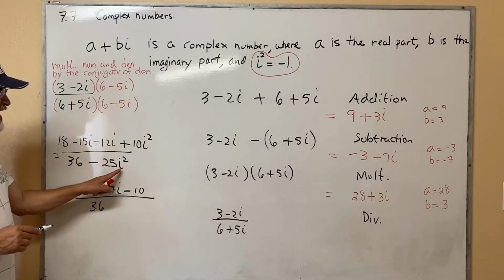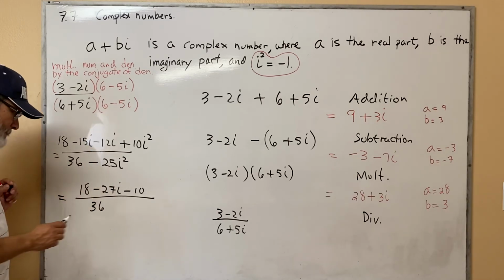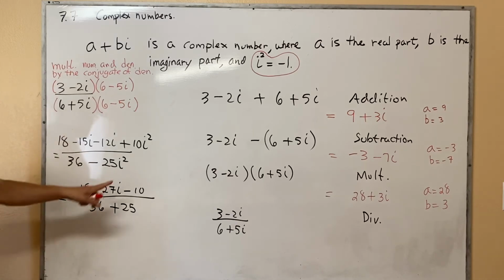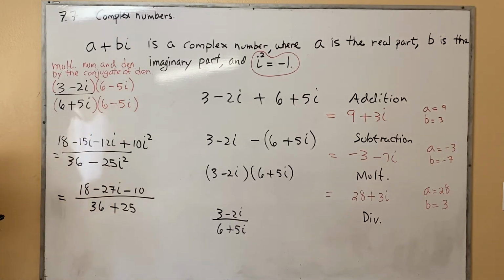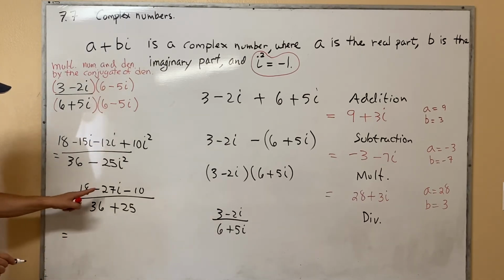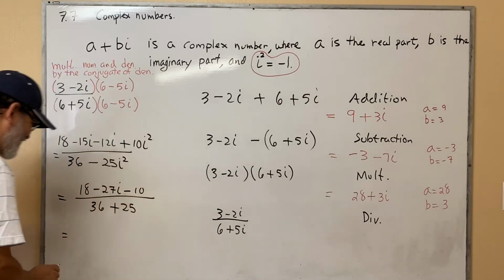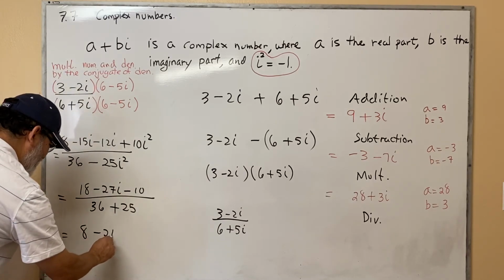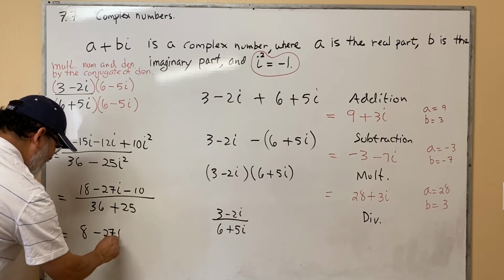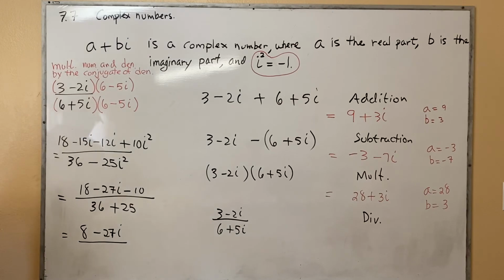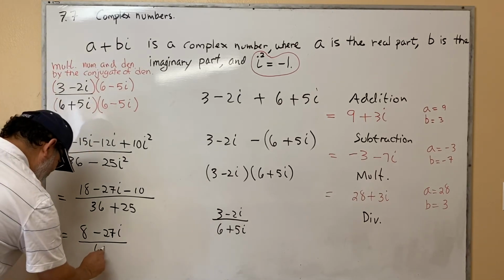And what's negative 1 times negative 25? Plus 25. Don't forget, this is negative 1. All right, last. What's 18 minus 10? 8 minus 27i. Divided by what? Is that 61? 61.